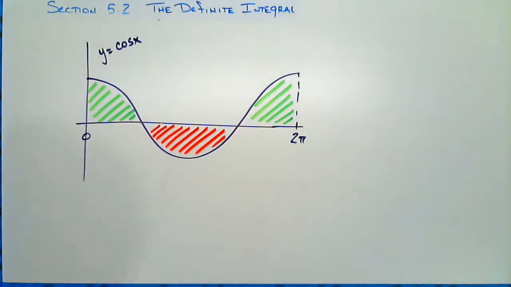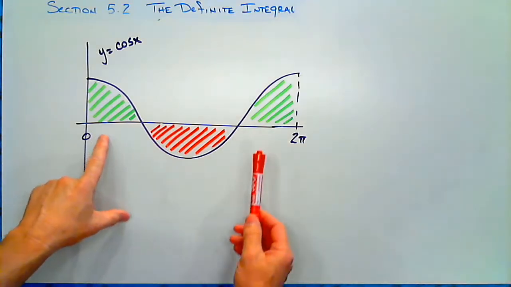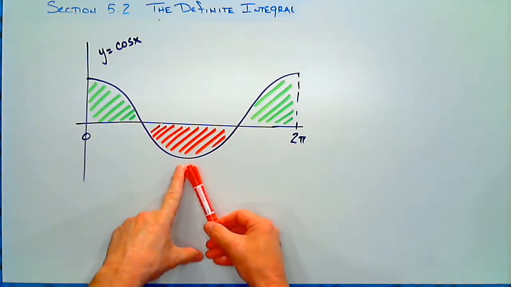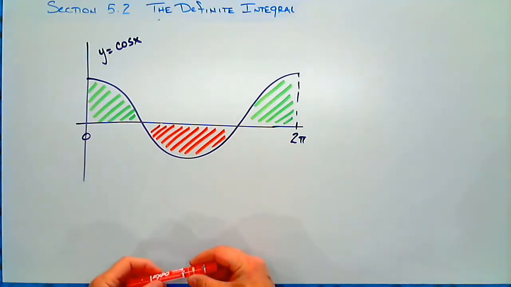We also know there's a relationship between those areas and this area right here. Now, how are we going to express areas above the x-axis versus areas below the x-axis? What are we going to do?